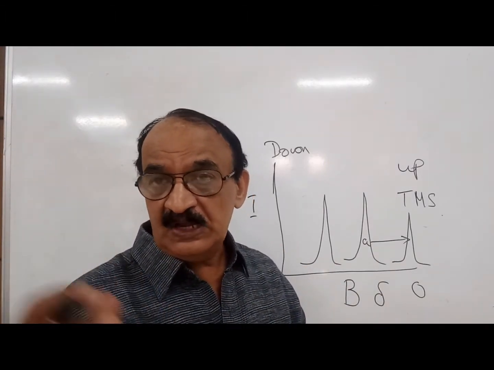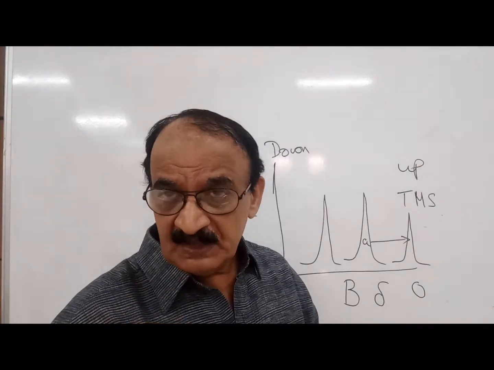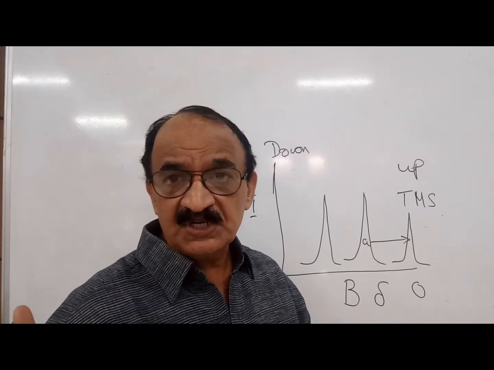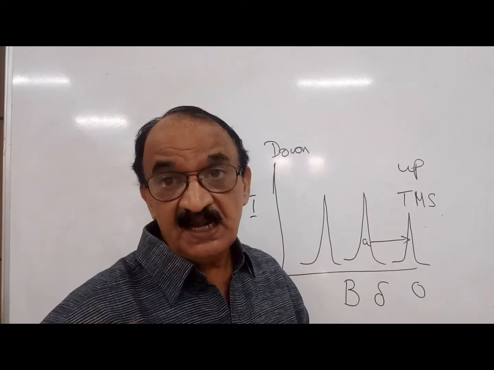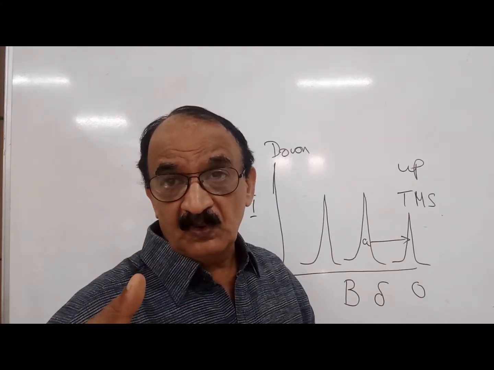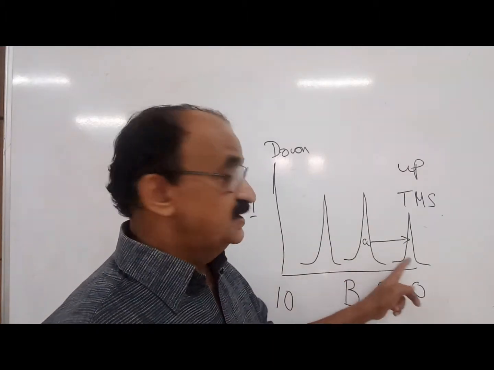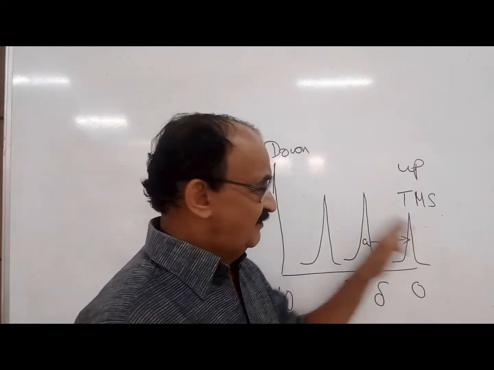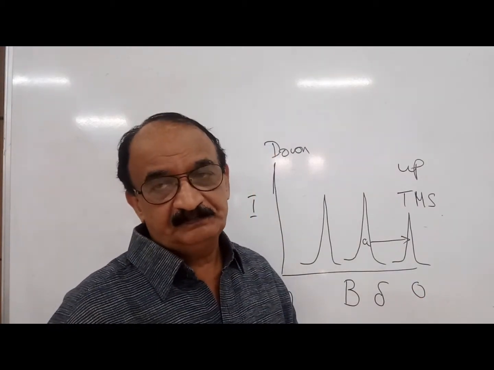So the higher the value, the more the de-shielding. The lower the value of the chemical shift, the smaller the de-shielding or the more the shielding. So shielding of a proton produces a signal nearer to the TMS. De-shielding a proton shifts the signal away from TMS with a larger value of chemical shift.